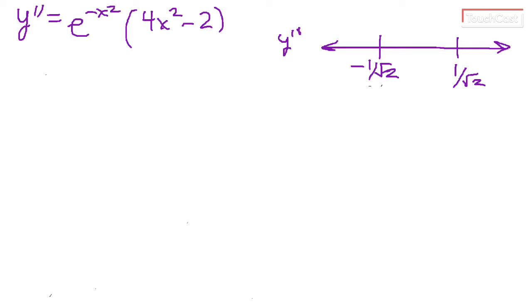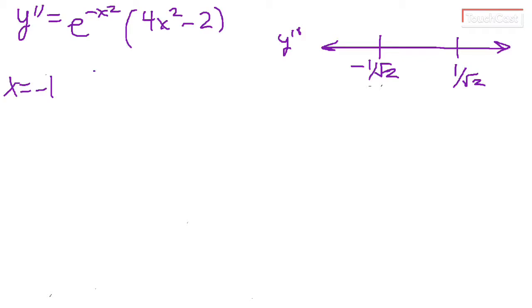So notice I've made this sign chart and I've labeled it y double prime because right now I care about the sign of y double prime. So I'm going to try an x value that is less than negative 1 over root 2. Let's say you can make it big. I'm going to make it negative 1. At x equals negative 1, I'm going to have e to the opposite of negative 1 squared, which is e to the negative 1, which is 1 over e.